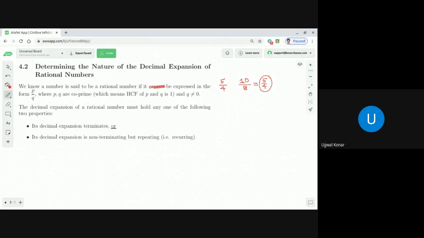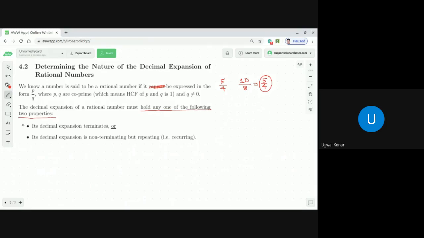Now the decimal expansion of a rational number must hold any of the following two properties. Means when you make a division of p by q, you get a decimal number. The decimal expansion of a rational number holds either of two properties.